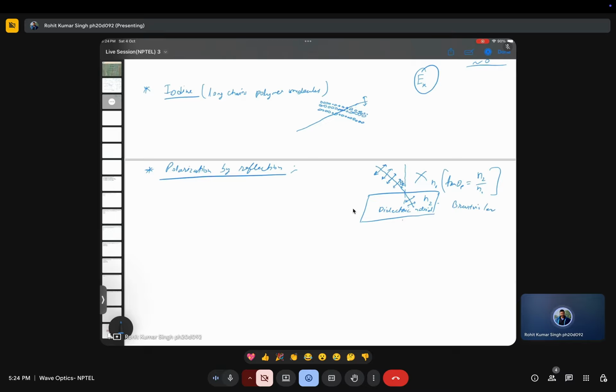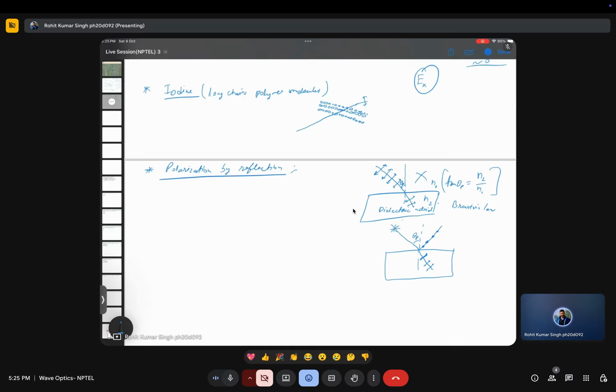So now instead of polarized light, if you have unpolarized light incident here at this angle, then the reflected light will be polarized in the plane perpendicular to the plane of incidence, okay.